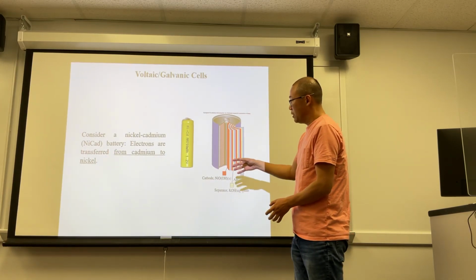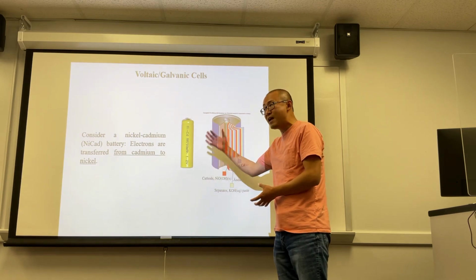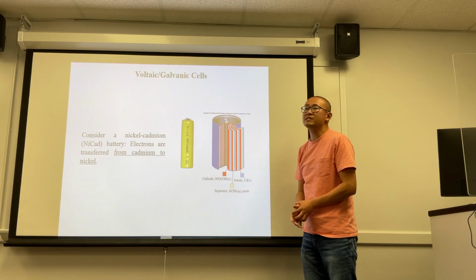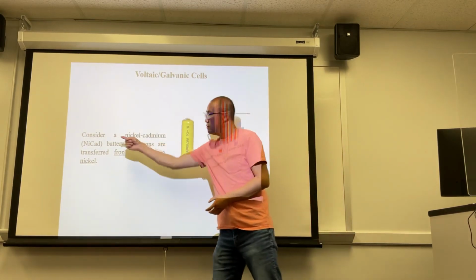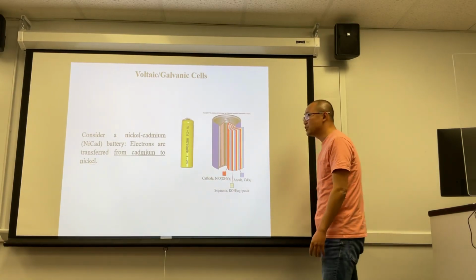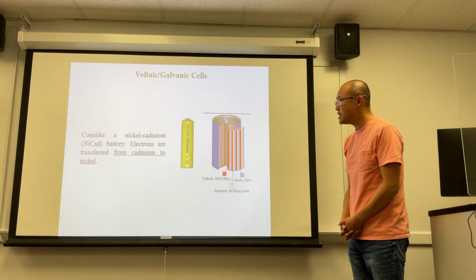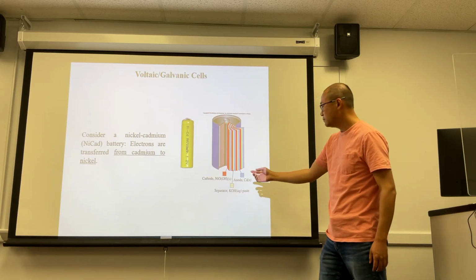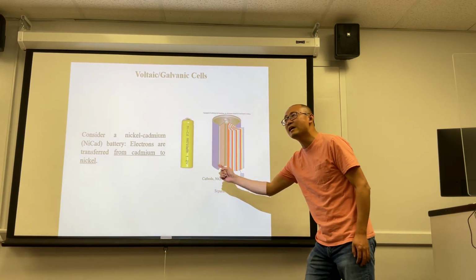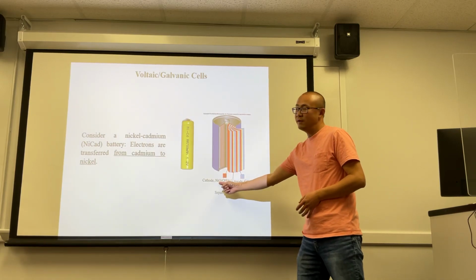In this cell there is a transfer of electrons between these two metals, nickel and cadmium. The direction of electron transfer is from cadmium metal to nickel.